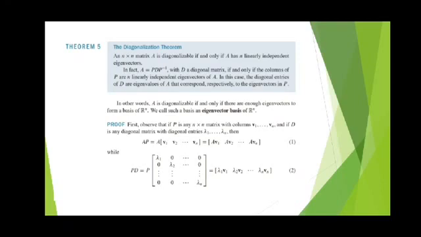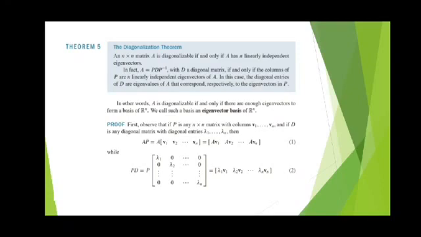First we observe that P is any n by n matrix with columns v1 through vn, and D is any diagonal matrix with diagonal entries lambda 1 through lambda n.